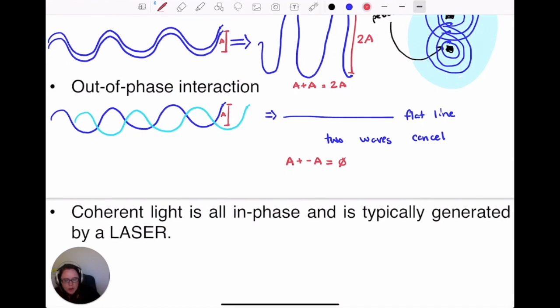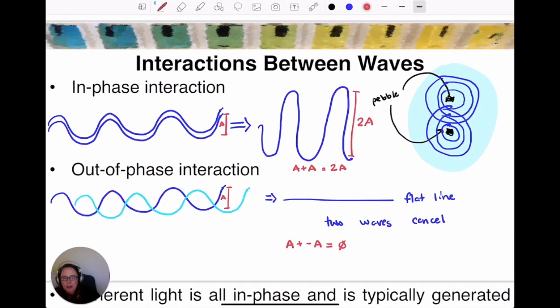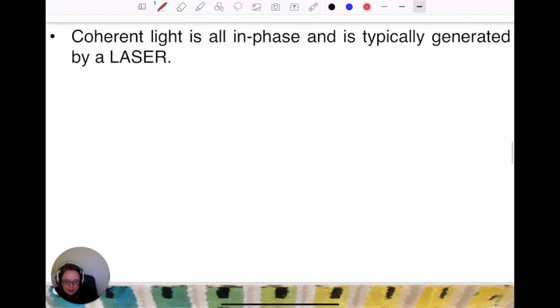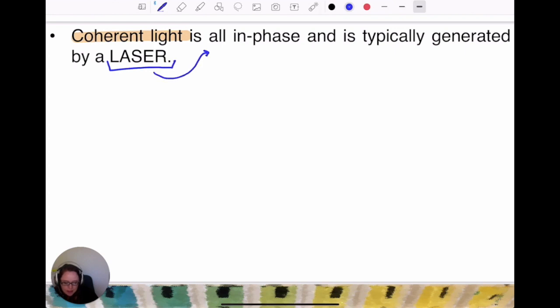We can use the same principles with interactions between light waves to make what's called coherent light. Coherent light is a particular type of light or radiation that's all in phase and is typically generated using a laser. Laser is in all caps because it is actually an acronym. It stands for light amplification through stimulated emission of radiation.